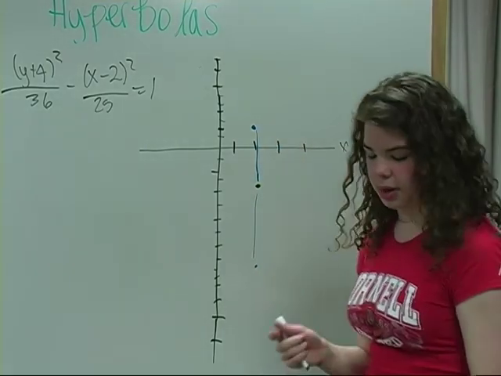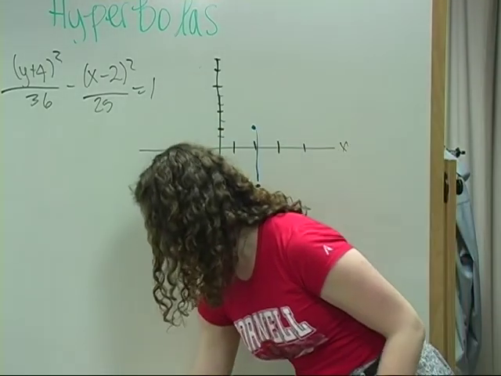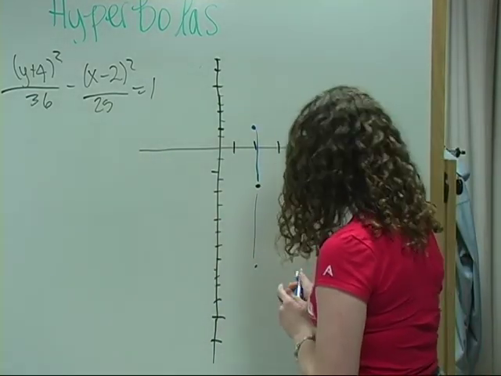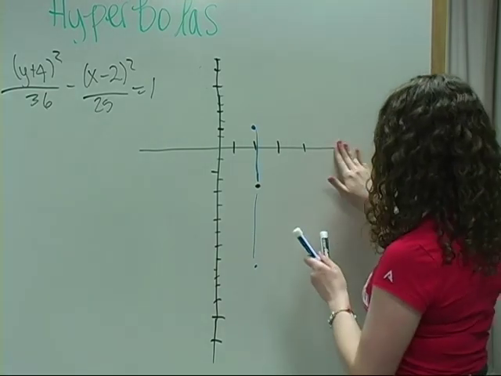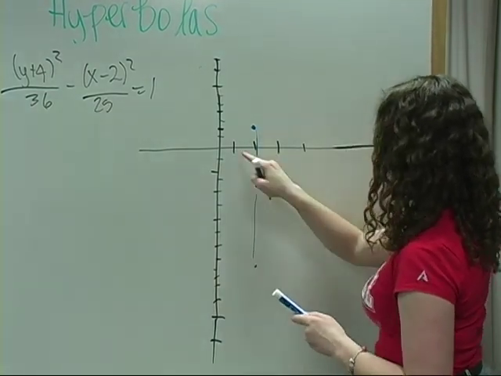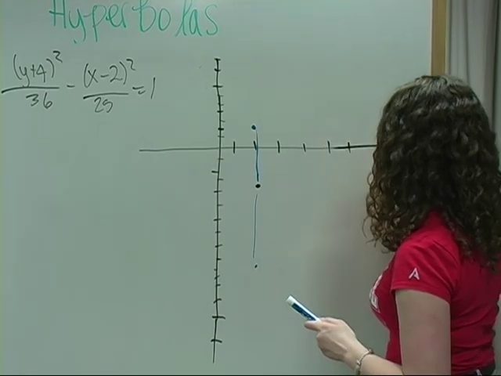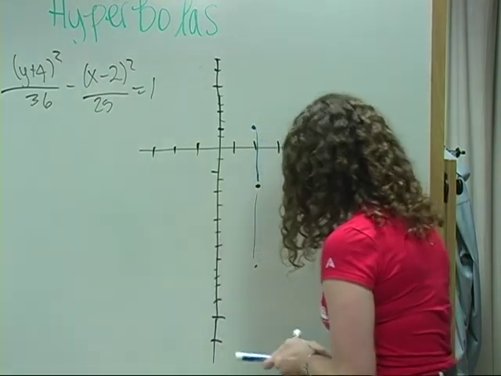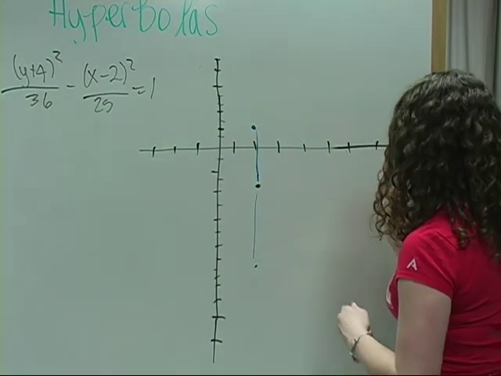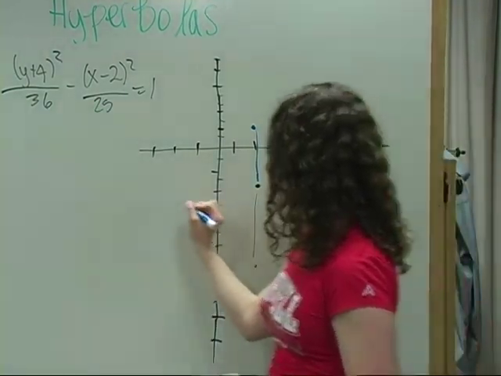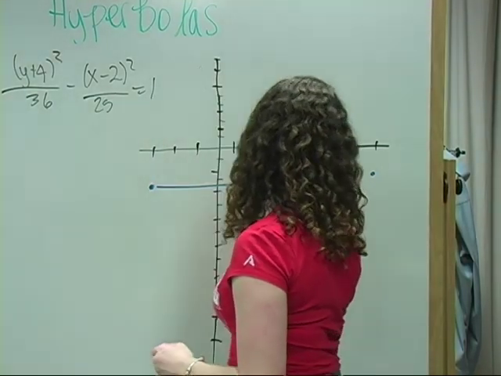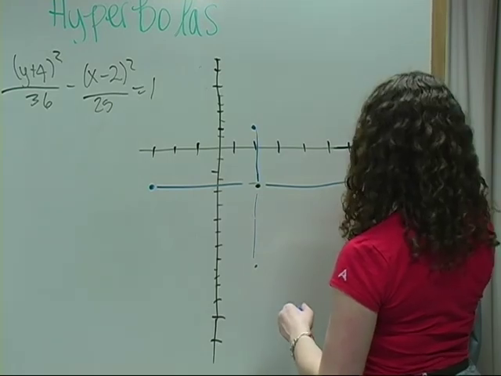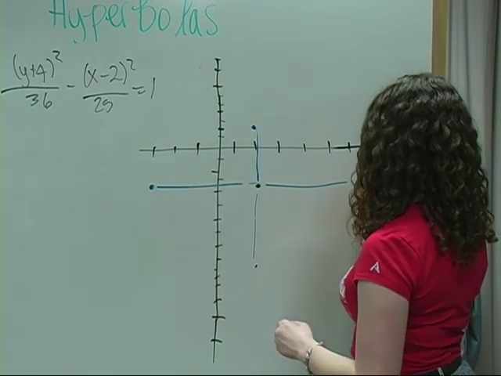That's the first part of our box. The second part of our box is going to go left or right 5. So, 1, 2, 3, 4, 5, and 1, 2, 3, 4, 5. Go ahead and draw in those points. And you've made basically where your box is supposed to go.